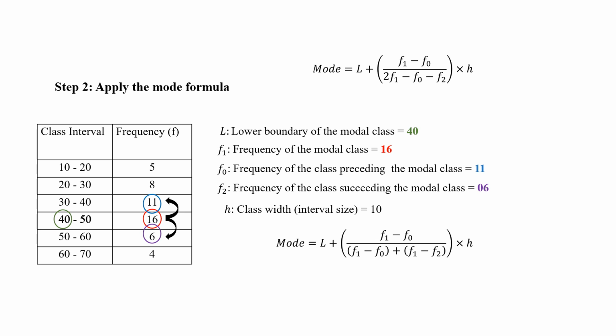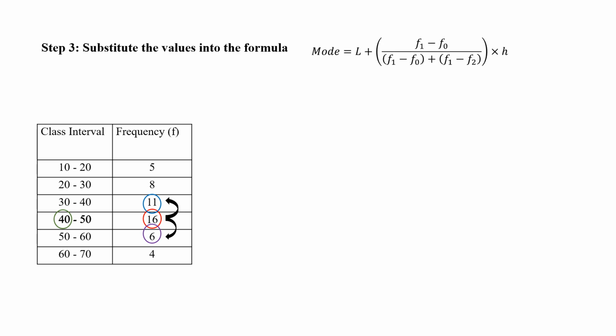So f1 is the frequency of the modal class minus the frequency of the class before, divided by the frequency of the modal class minus the frequency of the class before, plus the frequency of the modal class minus the frequency of the class after the modal class.